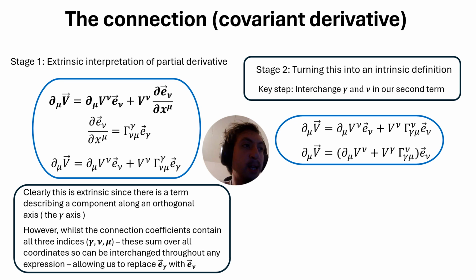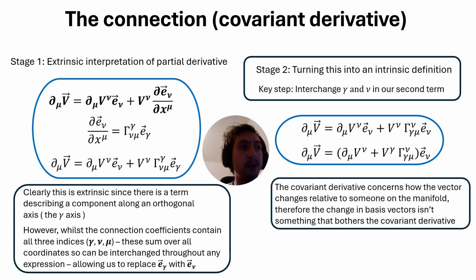And that would then allow us to say that the partial derivative of the components of a vector field is equal to that thing we have in brackets, because we can factorise out our basis vectors. And then the covariant derivative just extends this idea to curved spacetime. We could also think of it fairly geometrically.